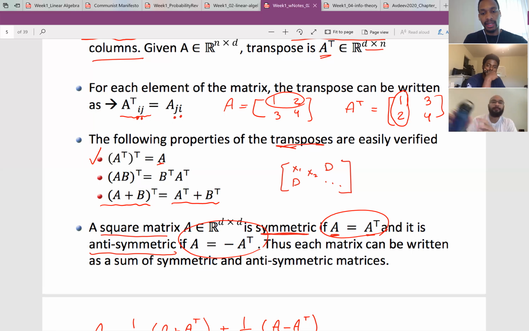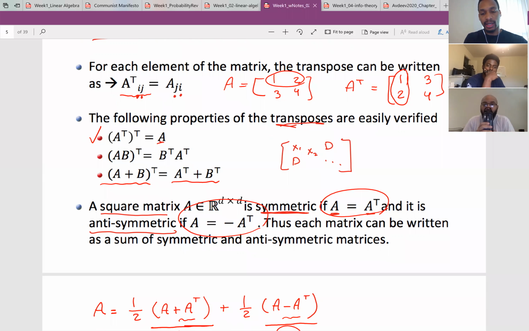Every square matrix can be written as a sum of a symmetric and an anti-symmetric matrix.